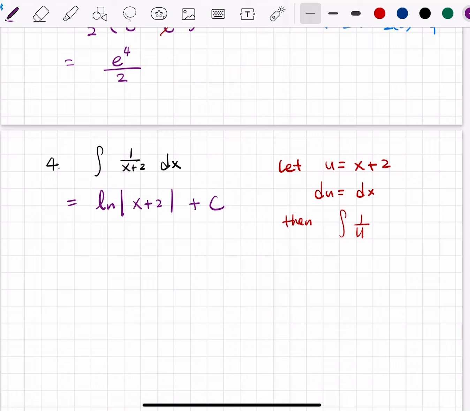You can choose to do the u substitution, which is the longer version, or you can just see that 1 over x versus 1 over x plus 2 are pretty much the same thing. So you can just directly apply the formula.